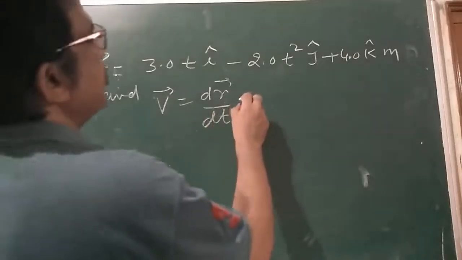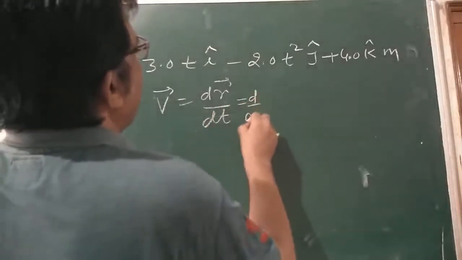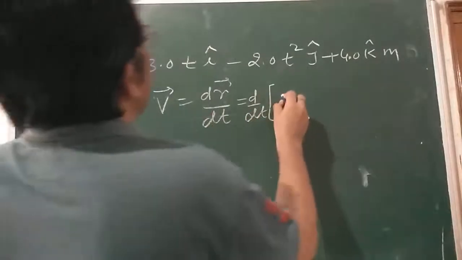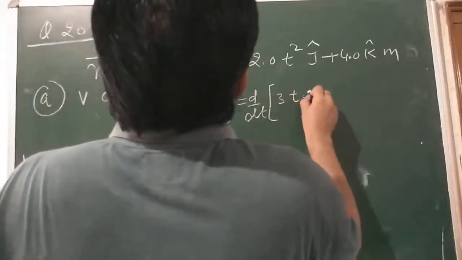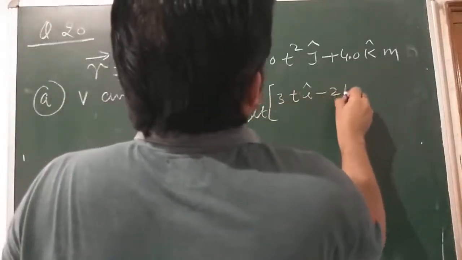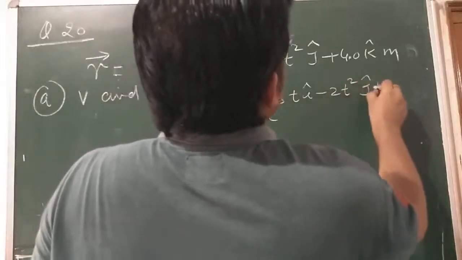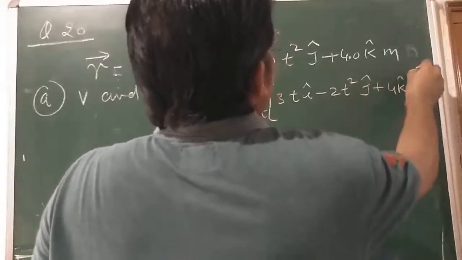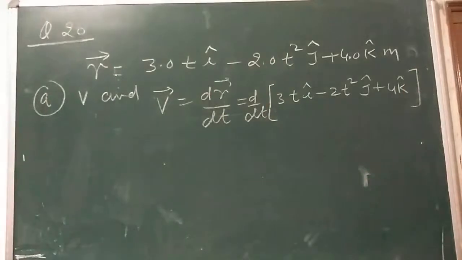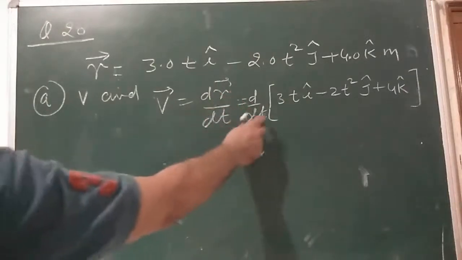Differentiate this. So we can write d by dt of 3t i cap minus 2t square j cap plus 4k cap. Now differentiate it with respect to t.